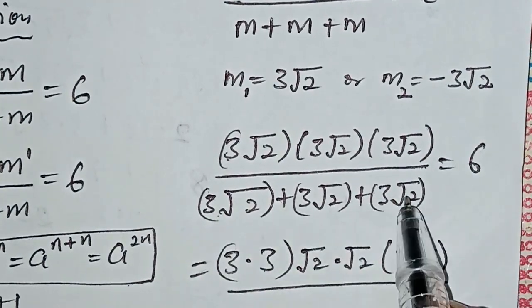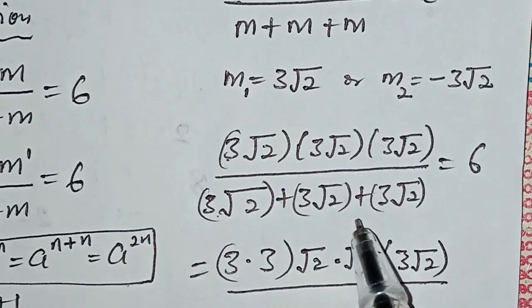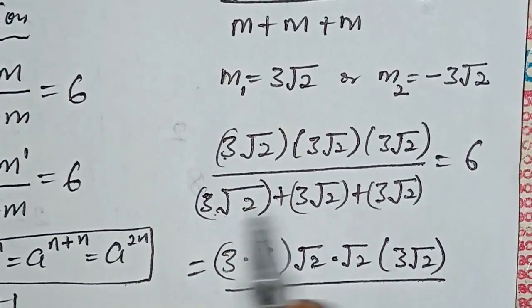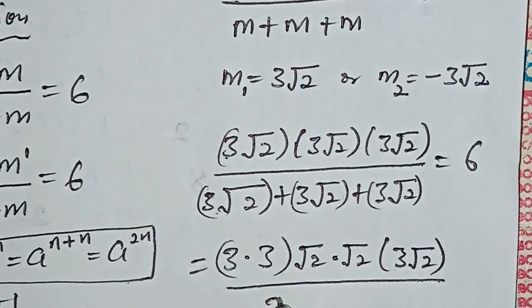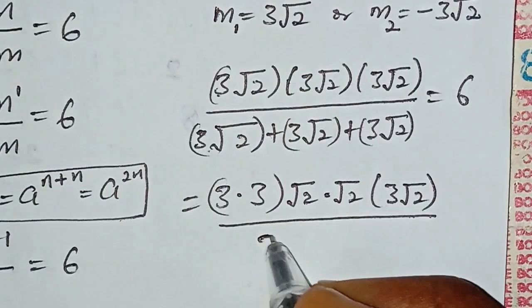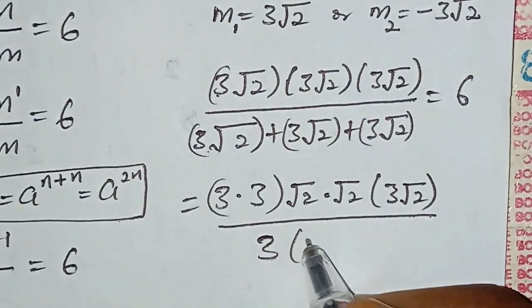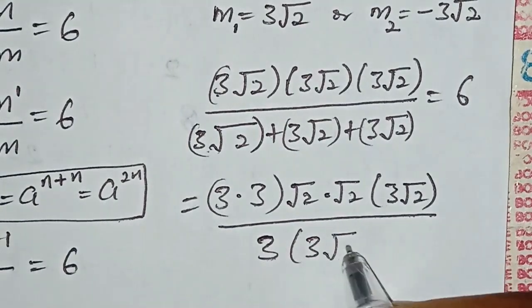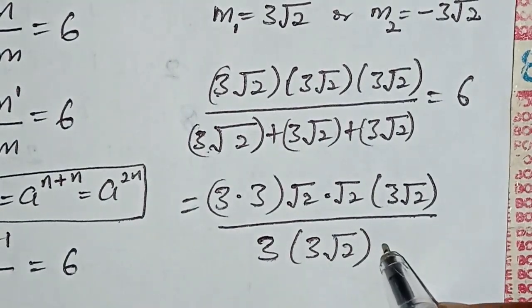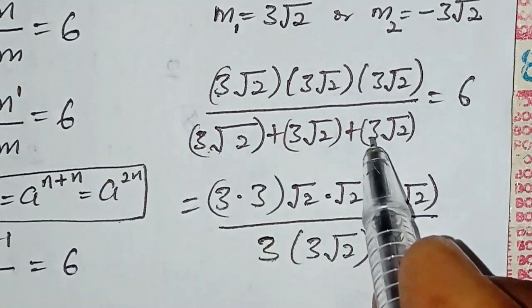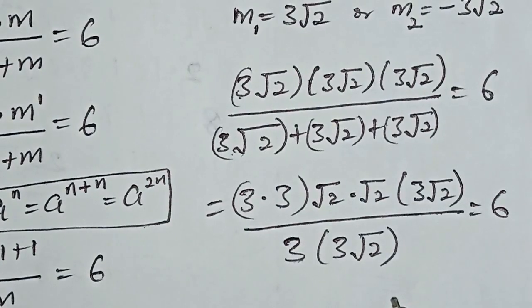The whole of the denominator will be given by 3 times, so we have 3 of these, then we write 3 square root 2. So this stands for the whole of the denominator, and everything will be equal to 6.